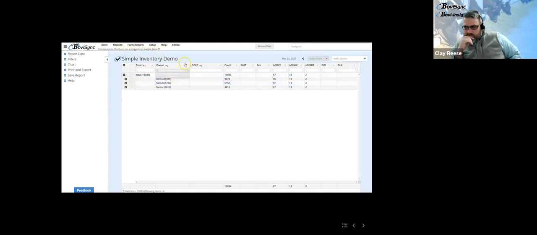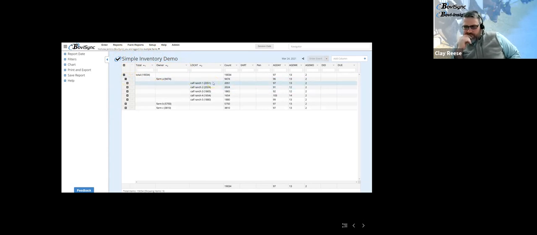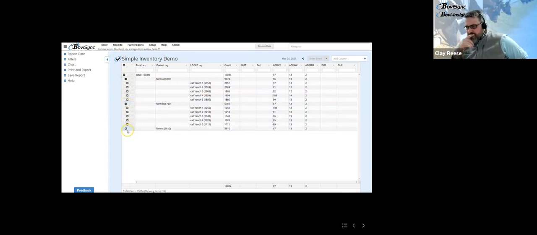I'm logged into multiple farms right now, so you can see all the owners that are for each of the animals that are present. Now within each of these categories, you'll see several different locations that they're also at. So we have calf ranches there under each farm.